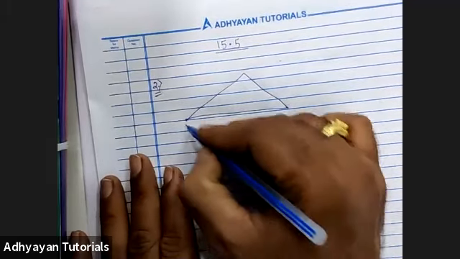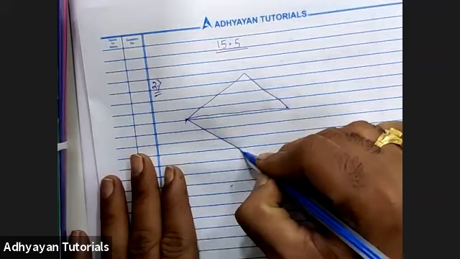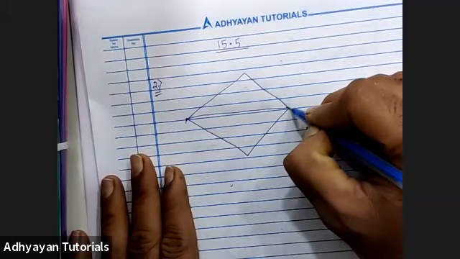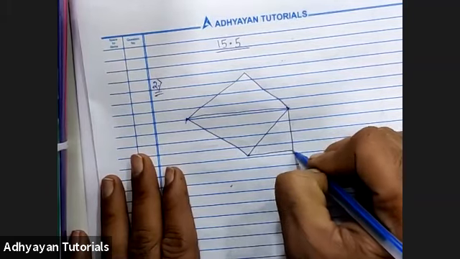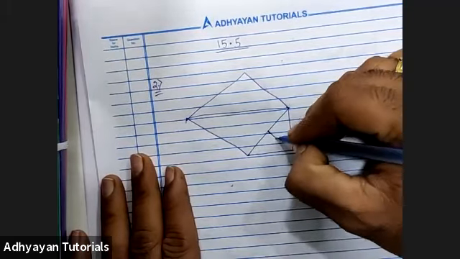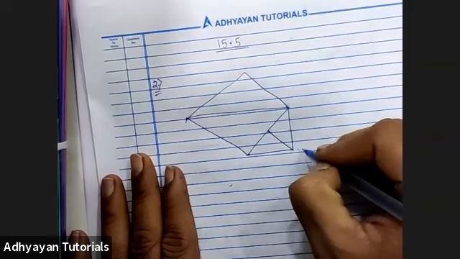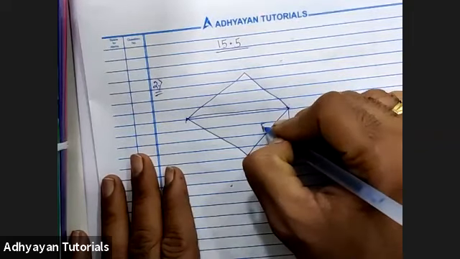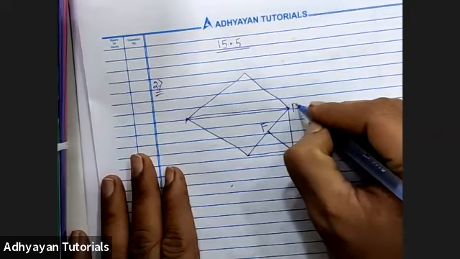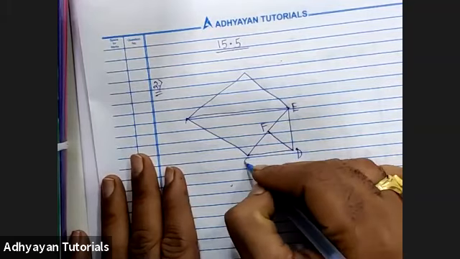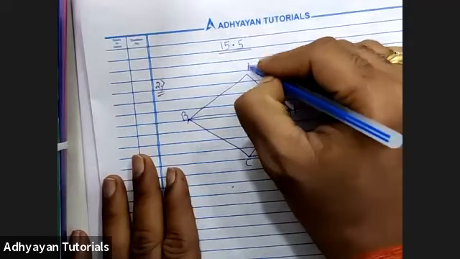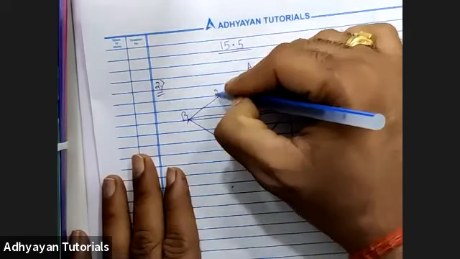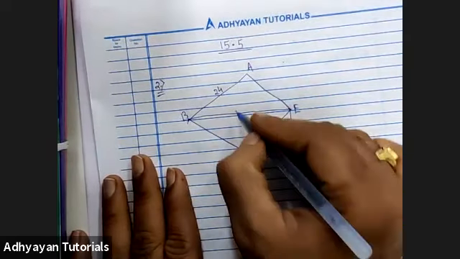Something like this, and then there is this part. D, F, E, C, B, A. Okay, this is 24 given to us.